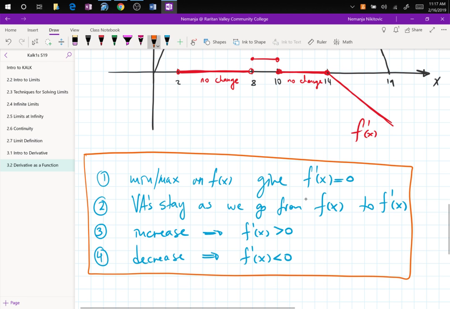So these are all of the rules in one spot. Amazing example over here. Look at that. Draw the derivative. You say, easy. Max, min, max, 0, 0, 0.